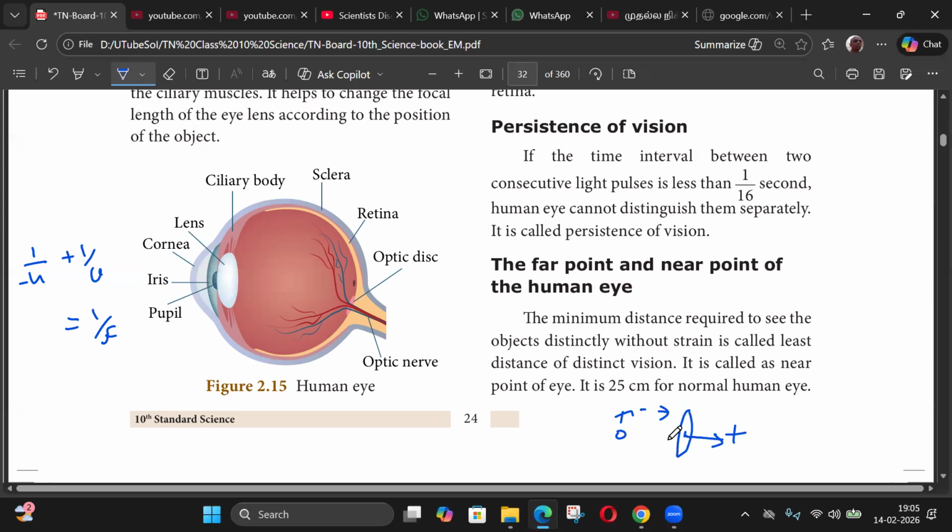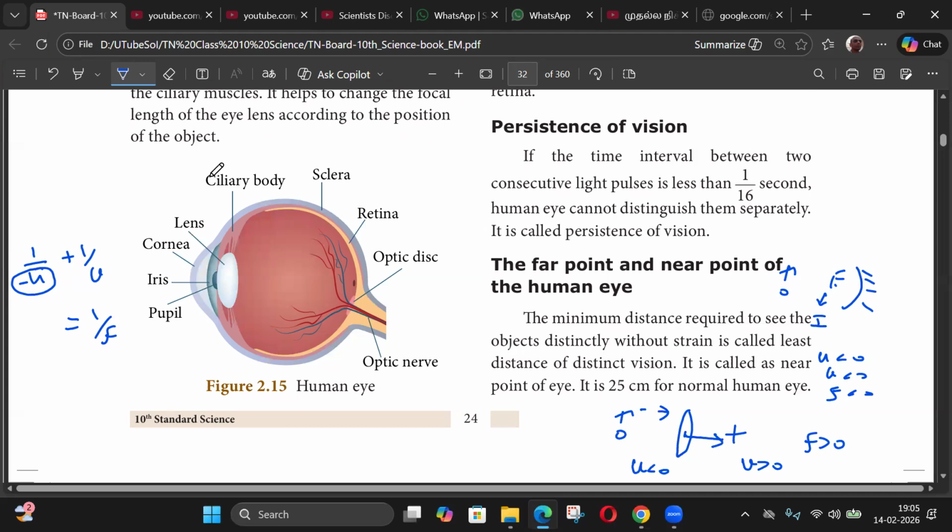The object is on the left side, so U is less than 0. Usually the image will be on the right side, and the focus on the right side. So all these terms have to be positive, and to make this positive I put a minus sign here. That way you can remember. In the case of a concave mirror, the object will be here, the image will be inverted here, so U is negative, V is negative, and F is also negative because the focal point is here.